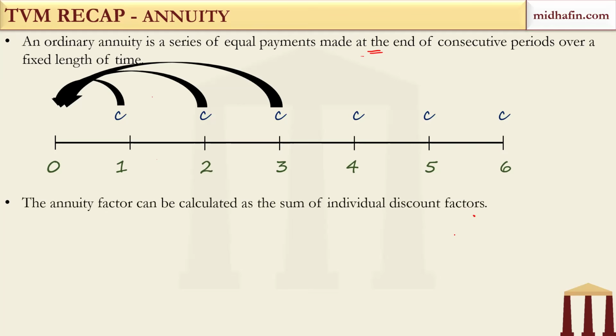We have introduced this to make one of the formulas easier later on. We'll see the formula of par yield. To make that formula easier, we have introduced the annuity factor, which is a standard term, but it was not included in the FRM curriculum. We have done it. So remember that the annuity factor is nothing but the sum of all the individual discount factors. Because when we frame the definition of par yield, it will be easier to remember.